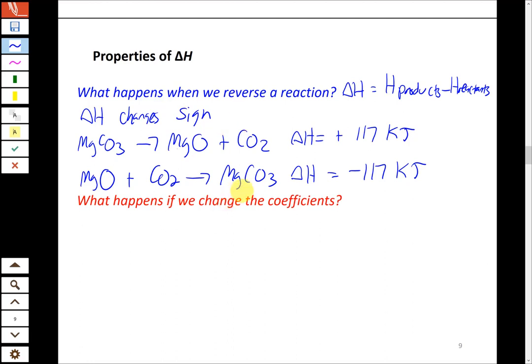Now, if we change the coefficients, for two of the examples we did earlier, we had to change the coefficients on one of the equations to get the intermediates to cancel out. When you do that, you just scale delta H by the same amount as the coefficient.